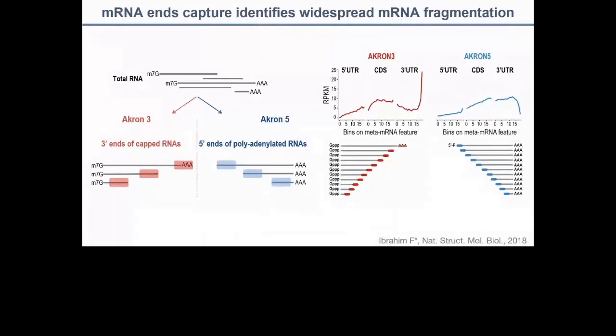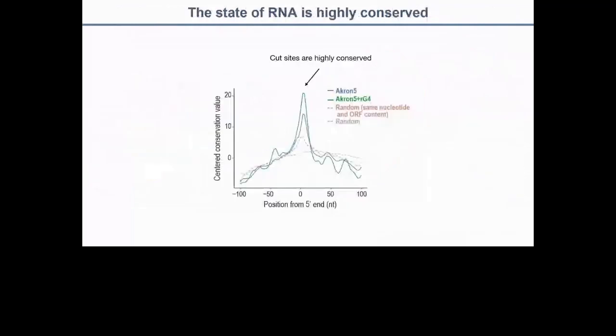Same for the 5' end. But that's not what we see. We actually see that many of these ends that we capture fall within the mRNA body. This essentially changes the way we think about RNA, and shows that probably in cells, RNA is in a different state than the full-length version of it.